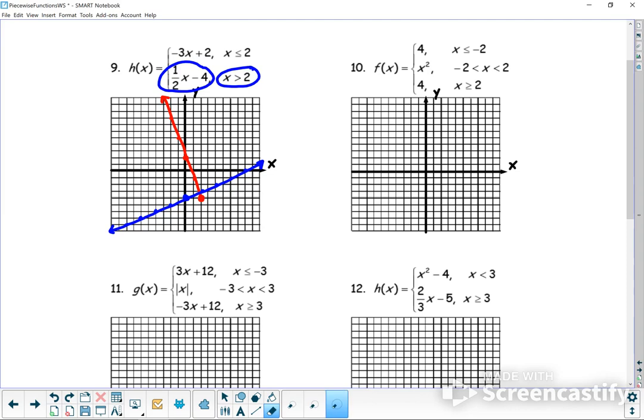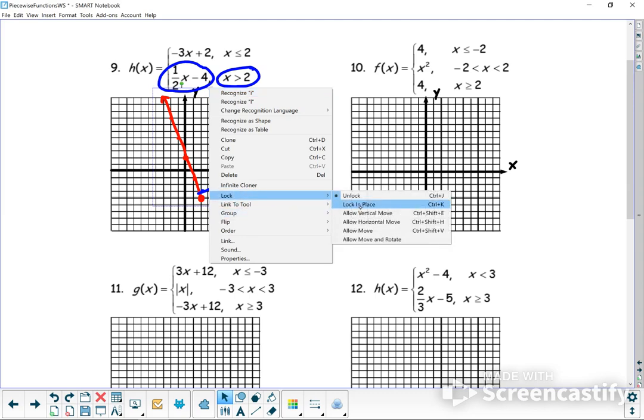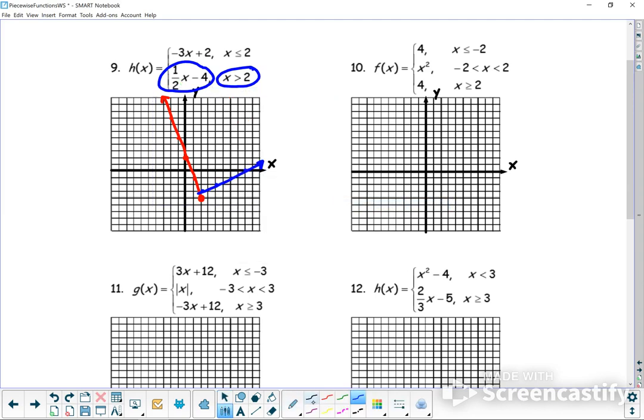I don't even want it at 2. So anything that's smaller than 2, I'm going to erase. And actually, I don't even want it at 2. So I'm going to go ahead and do a big fat open circle at 2, like that, right?